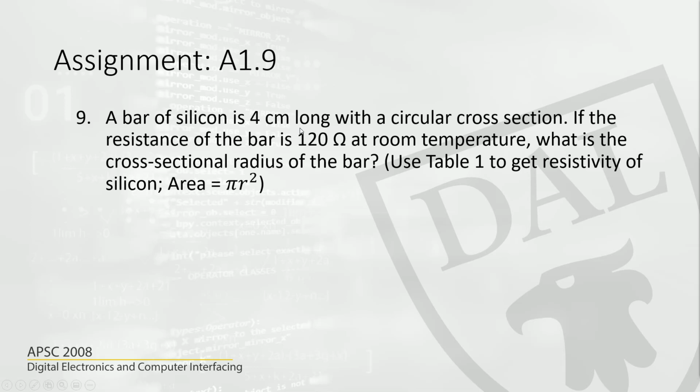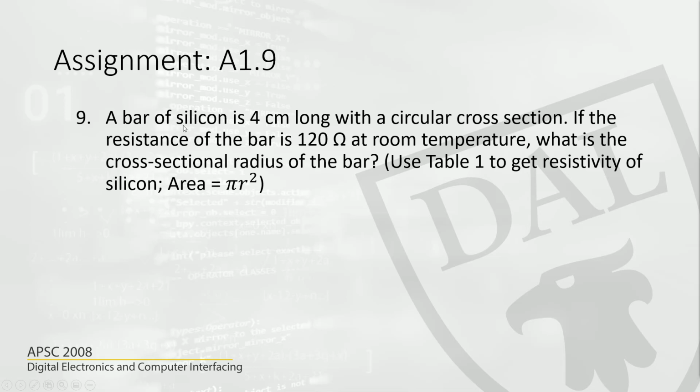Mostly you will have to make sure all the units are consistent. If the length is in centimeters, you will have to convert it into meters. And area, when you get it, is going to be in square meters, not square centimeters. So make sure you use all of them in the right units. It should be consistent.